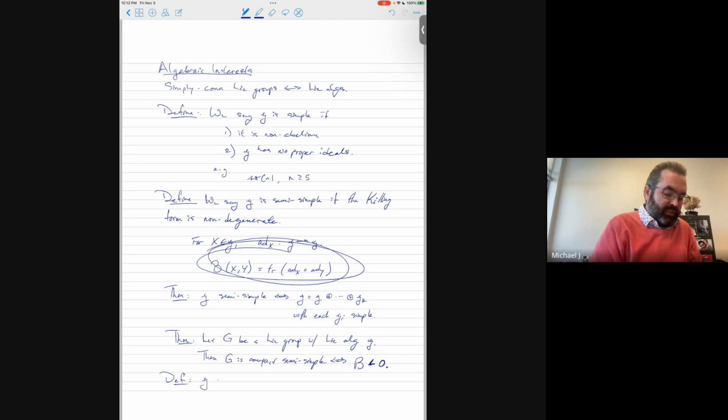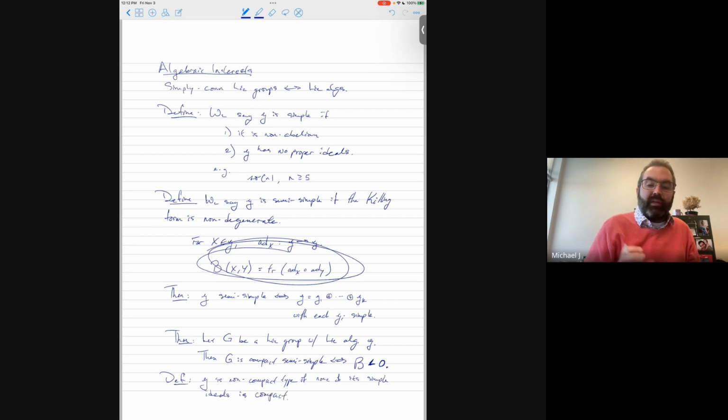So now I'll give a definition of non-compact type. So we say G is non-compact type if none of its simple ideals is compact.